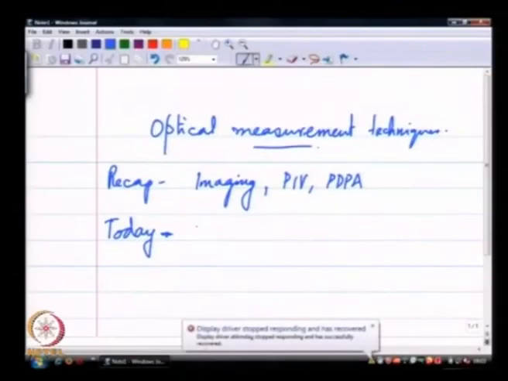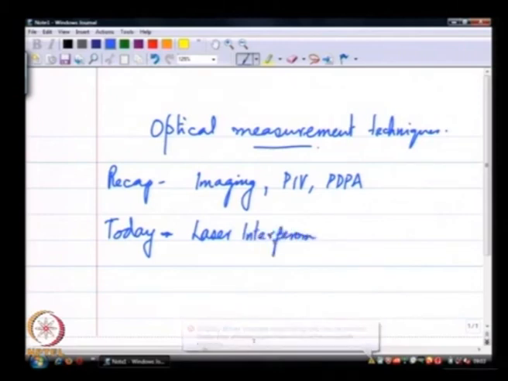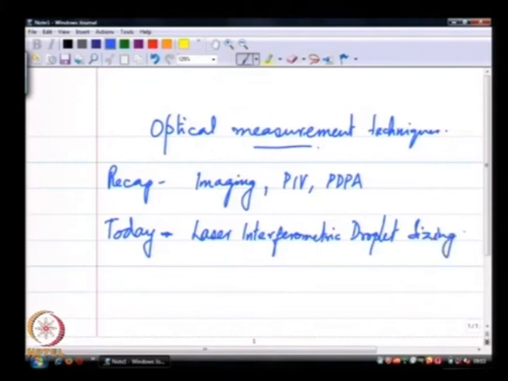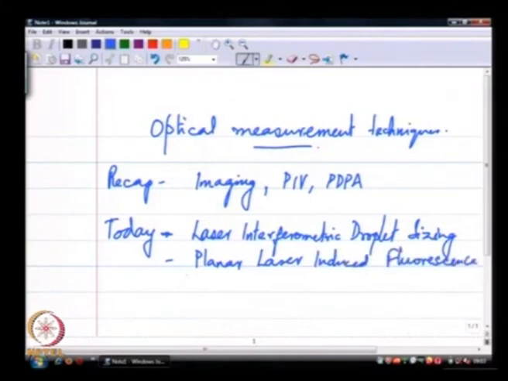One called laser interferometric droplet sizing, we will also look at laser induced fluorescence, and end with shadowgraphy.